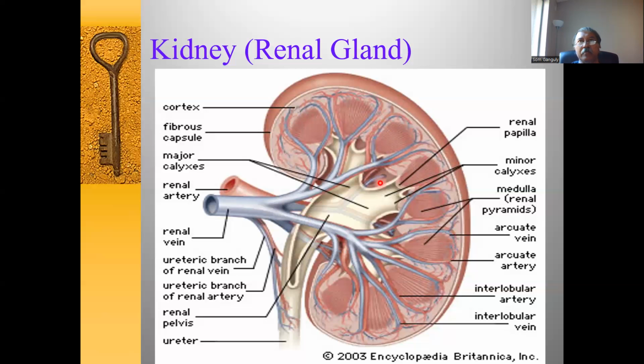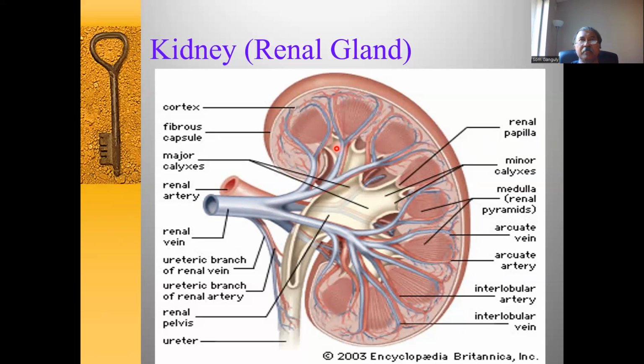Now, medulla coming to the tip, and they call this tip renal papilla. And then if you go a little bit further down, this papilla is surrounded by calyx. Calyx becomes an enlarged group of calyx.